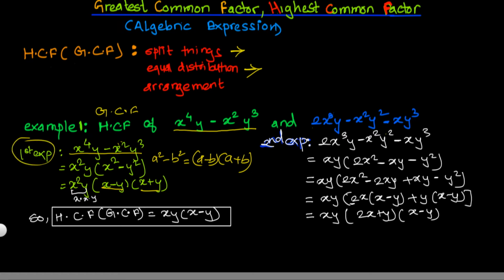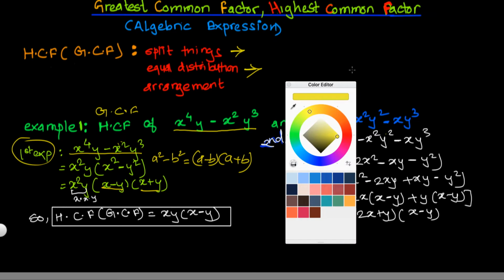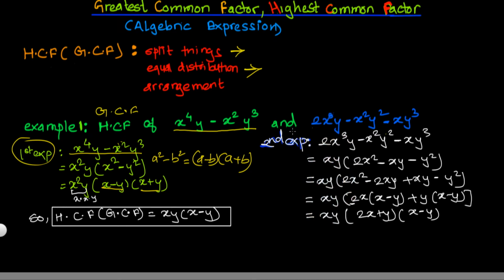Now let us see the second expression. The second expression is 2x cube y minus x square y square minus x y cube. If you look closely, we can get xy common from all of this, because this has xy, this has x square y square, and this has xy cube.